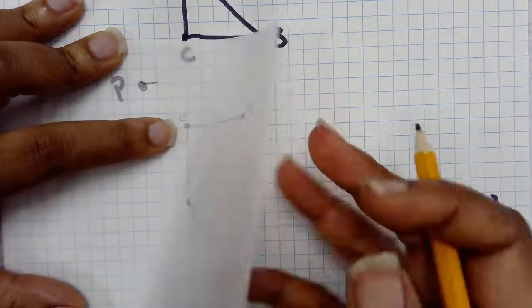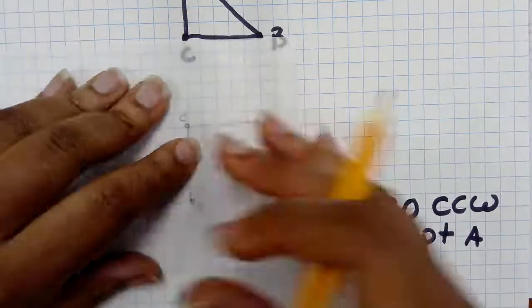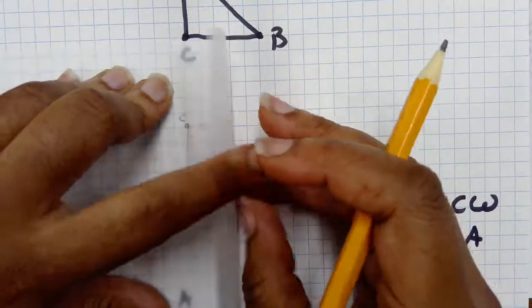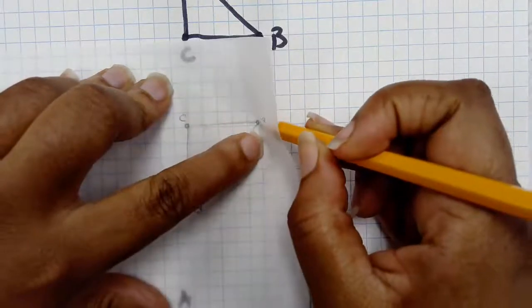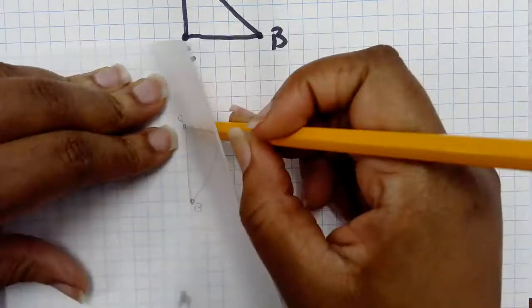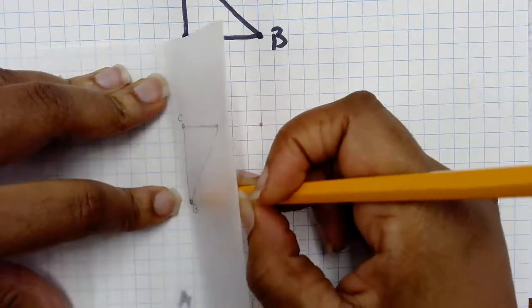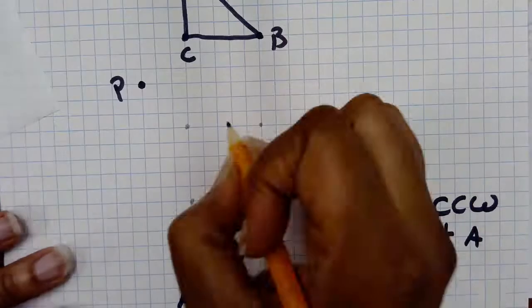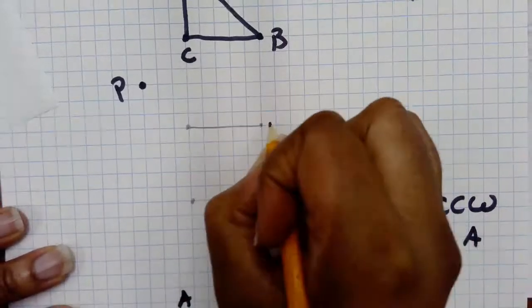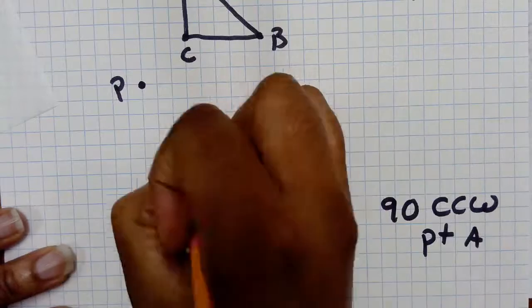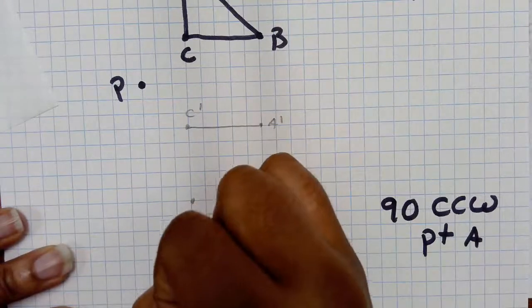All right. I'm going to lift the paper up just enough so I can make my marks where my new points are. I'm going to move my paper. This was A prime, C prime, B prime.